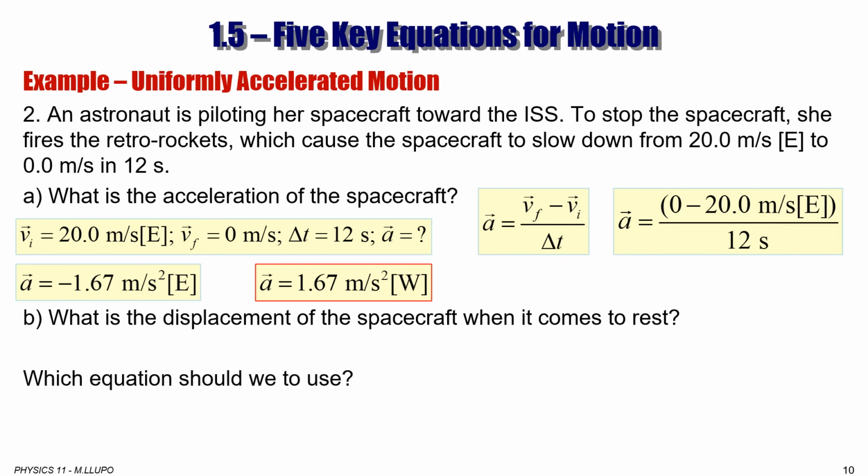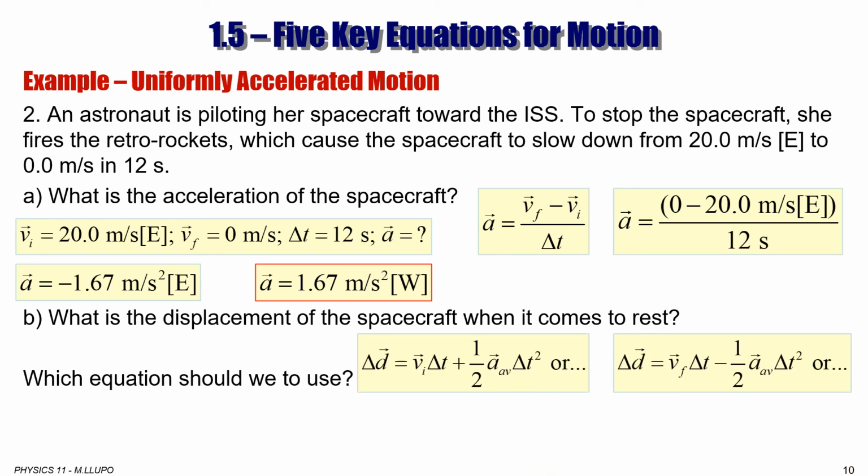So, which equations should we use to calculate displacement? There are 4 of them. 3 of them involve acceleration, which we just calculated. However, what if we made a mistake in calculating acceleration at A?